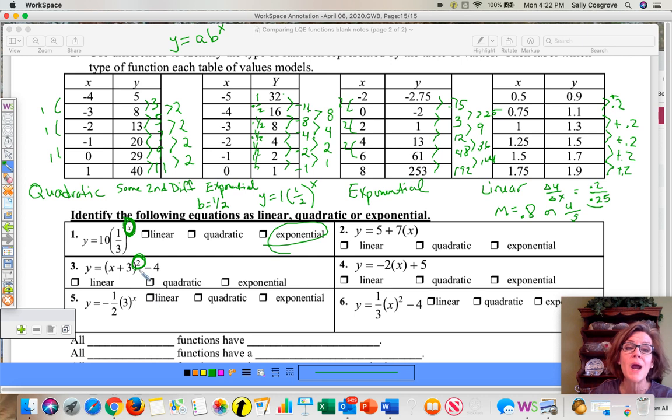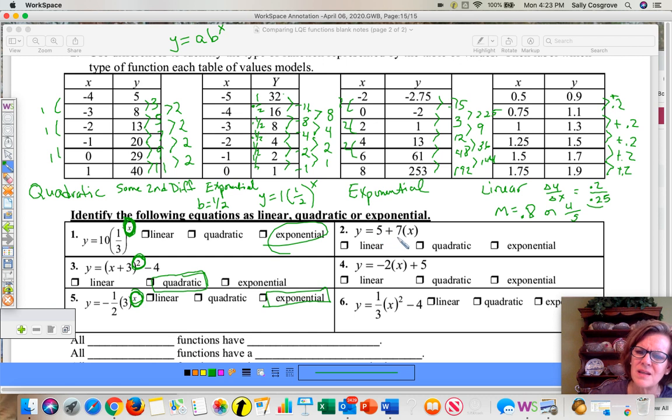If it's squared, it means it's a quadratic. You got it. Number 5, y equals negative 1/2 times 3 to the x power. Again, if x is the exponent, it is exponential.